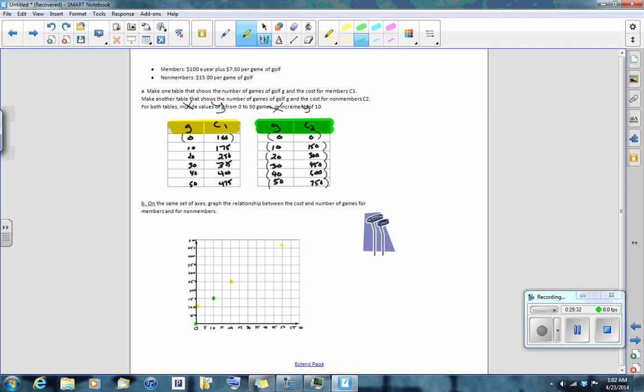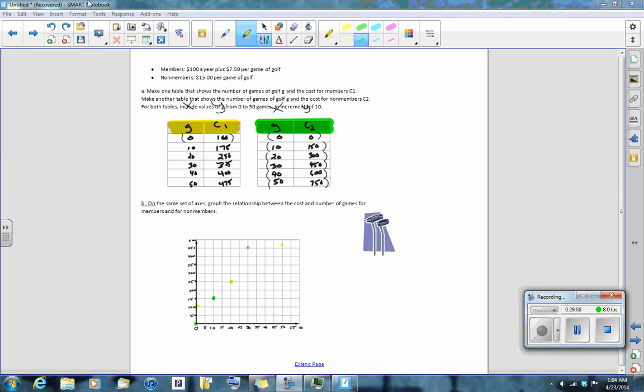And maybe one more for good measure. I don't want to go off my chart. Say 30 and 450. So we have a point now at 30 and 450, which I again used green.